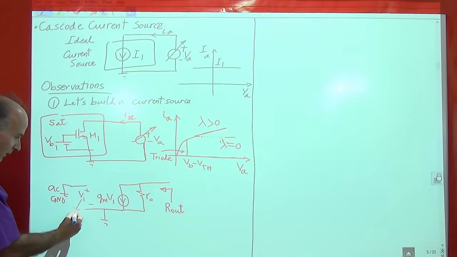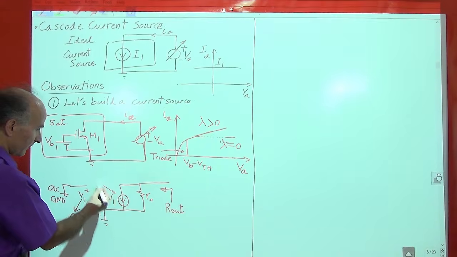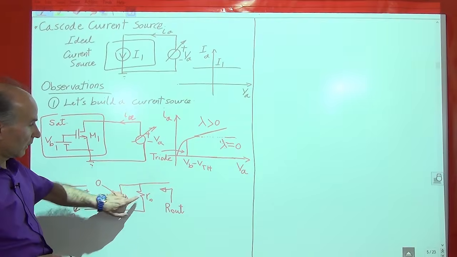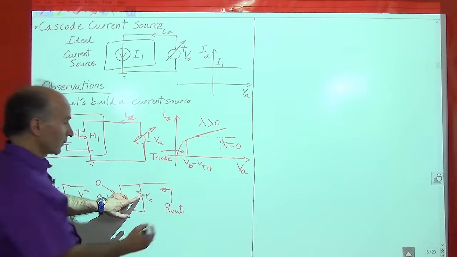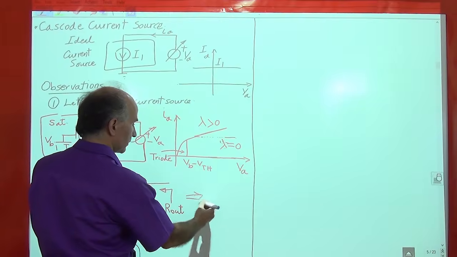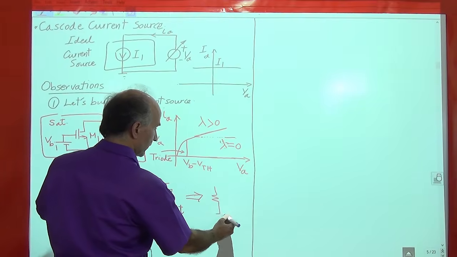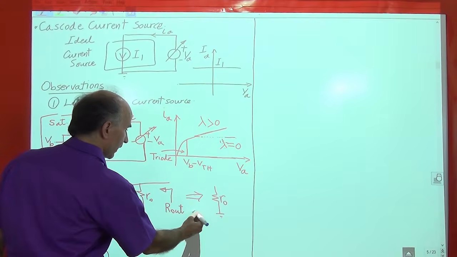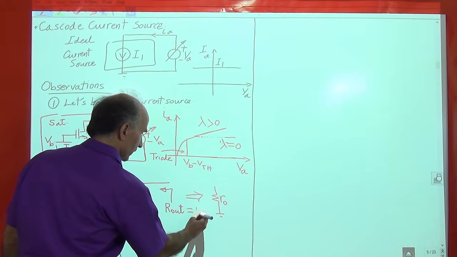If V1 is 0, this one is 0. A current source that's 0 is an open circuit, so this is gone. All we have is RO. So this circuit reduces to just a simple resistor to ground, RO. So obviously Rout is equal to RO.